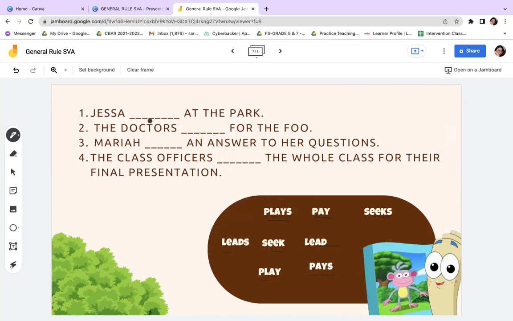Determine what appropriate verb should be used in the given sentence. In accordance with the general rule, always remember that a singular subject takes a singular verb, and a singular verb always ends with S. Then a plural subject takes a plural verb, and a plural verb does not end with S. Okay, you have 15 seconds to answer.